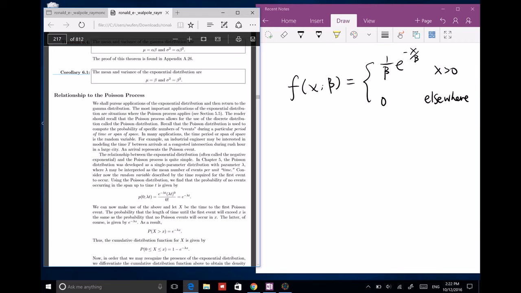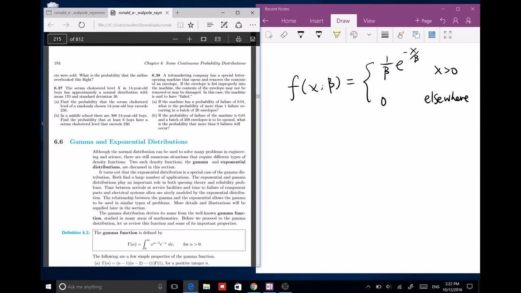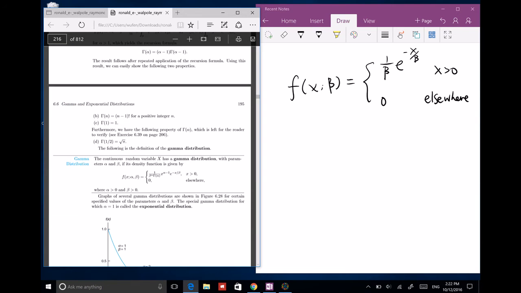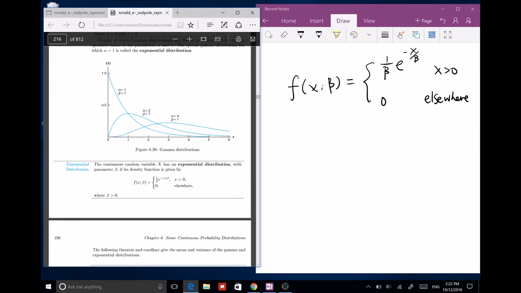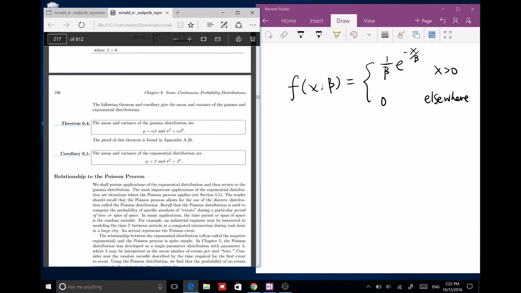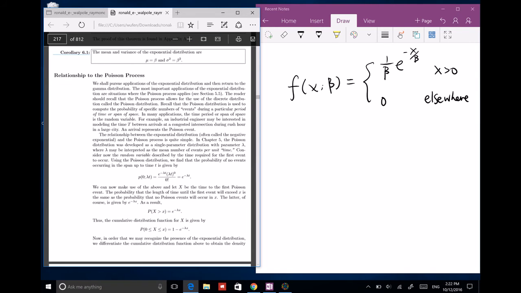Let me find and see that again. There is an example 6.5.